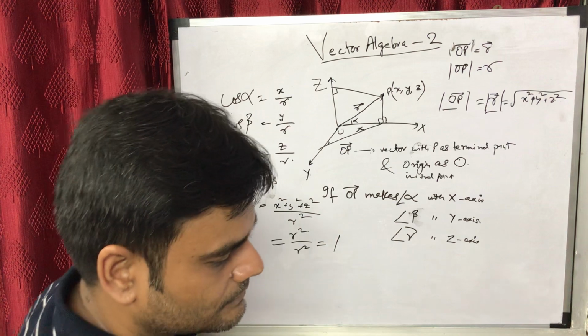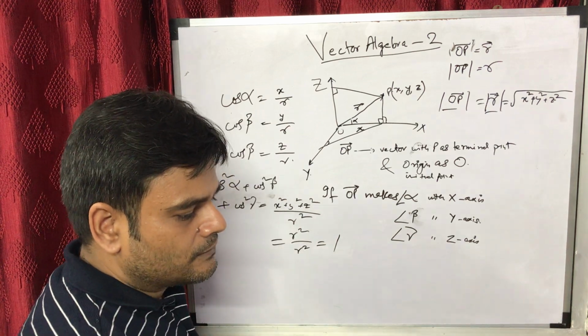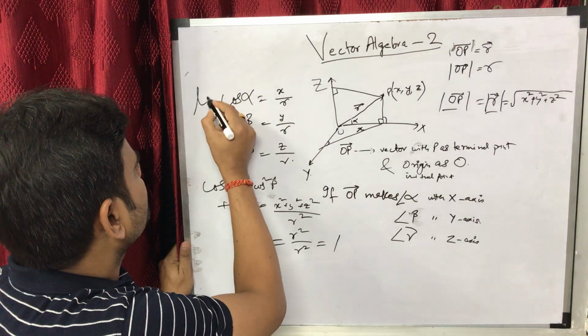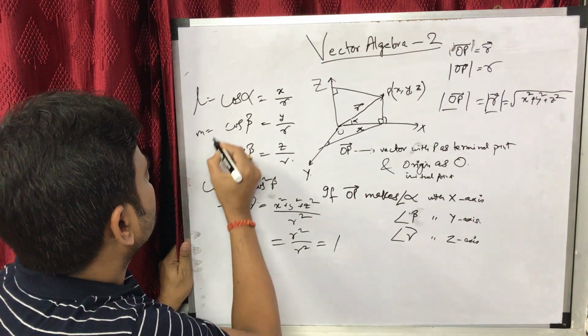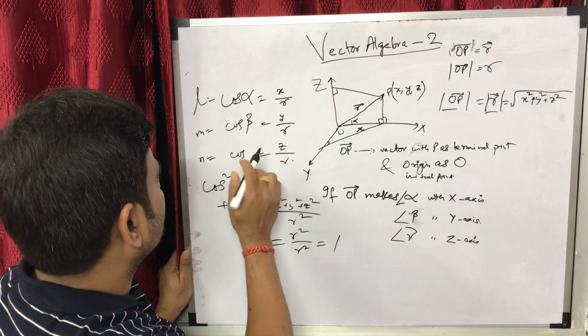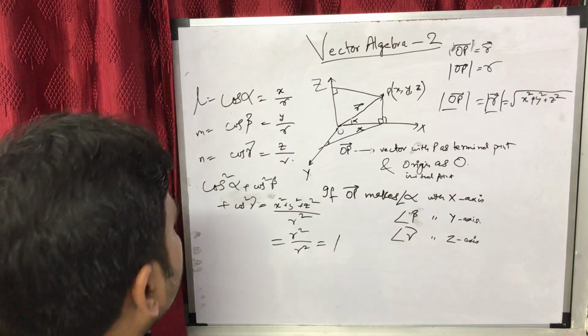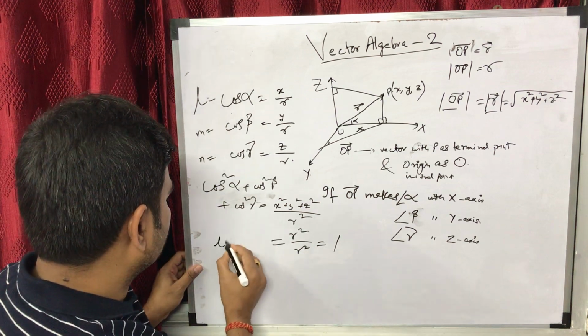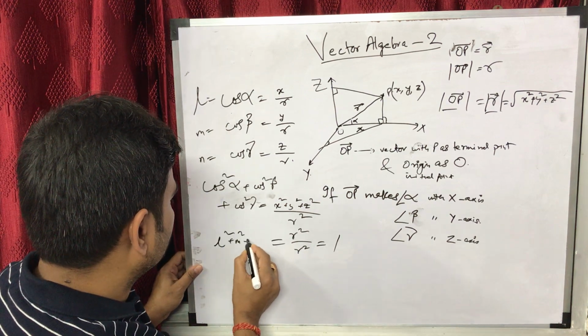So this is the formula which we wanted to evaluate. Sometimes they denote cos alpha by L, cos beta by M, cos gamma by N. So L square plus M square plus N square is equal to 1.